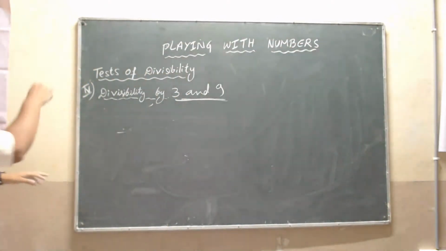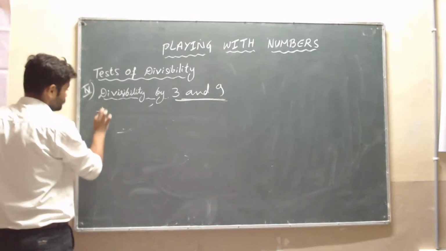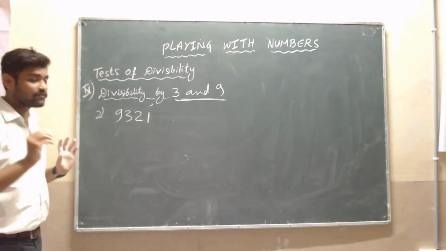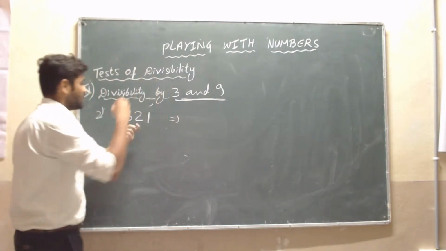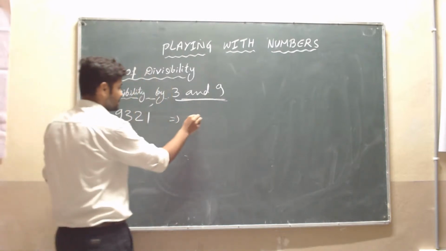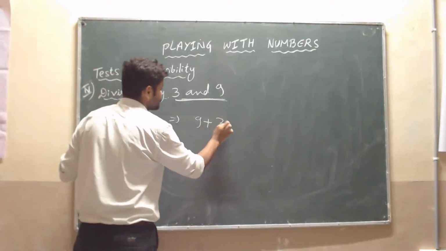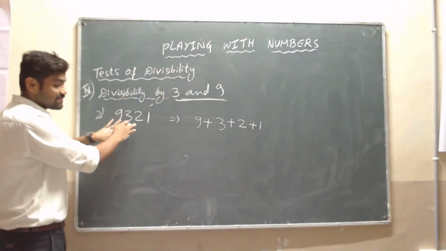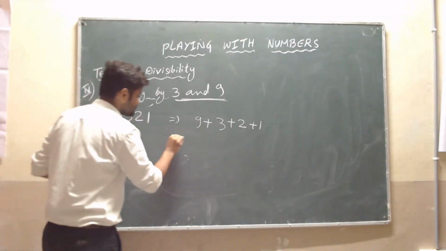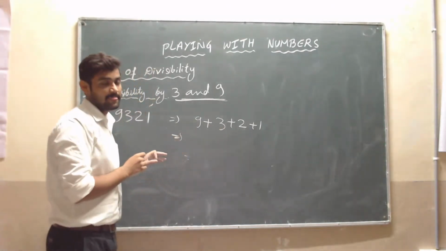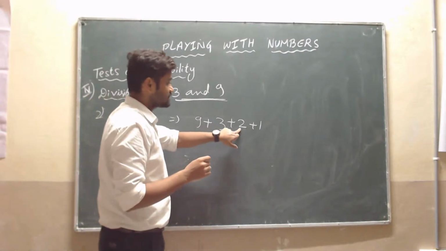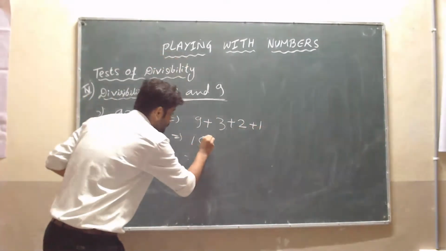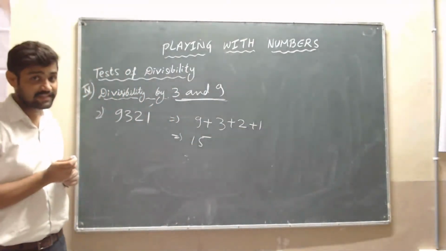Let's take another example, that is 9321. First step, we have to add these digits, that is 9 plus 3 plus 2 plus 1. 9 plus 3 is 12, 12 plus 2 is 14, 14 plus 1 is 15. 15 is the answer.